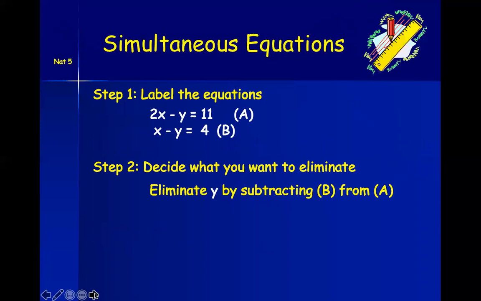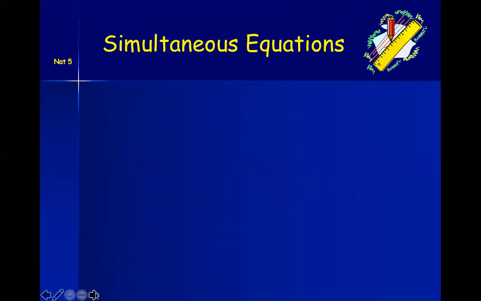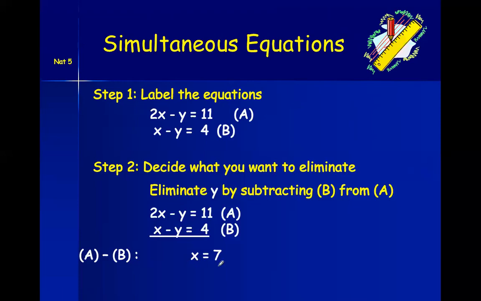So we're going to eliminate y by subtracting B from A. So 2x minus x becomes x. The two y's are gone. 11 minus 4 becomes 7. So I've got my first of the two variables, x equals 7.